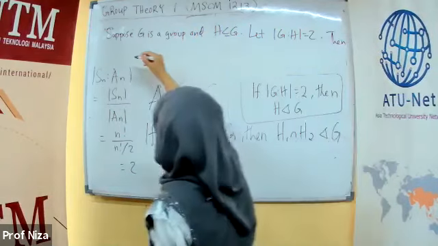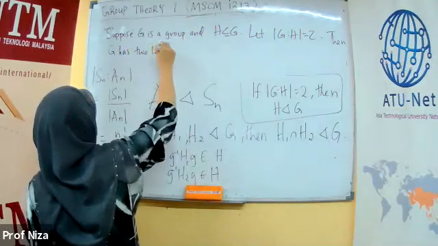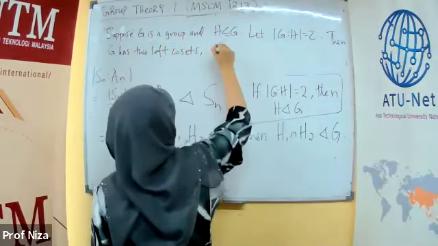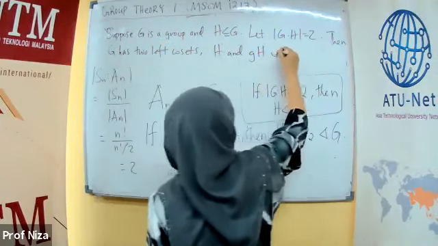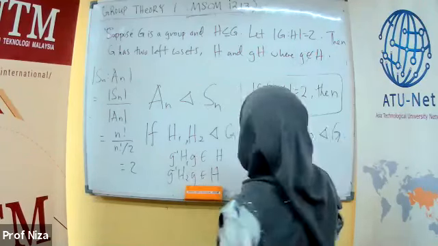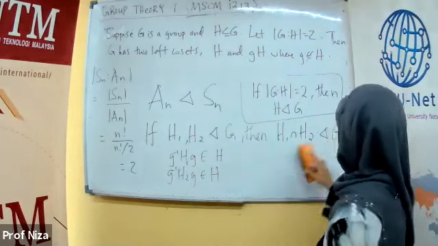Then G has 2 left cosets, H and gH, where g is not in H, right? Okay.